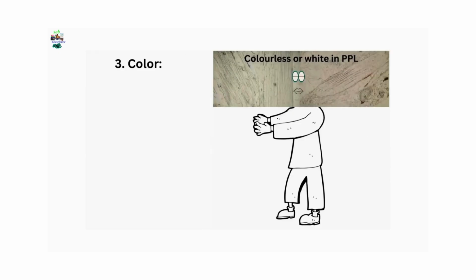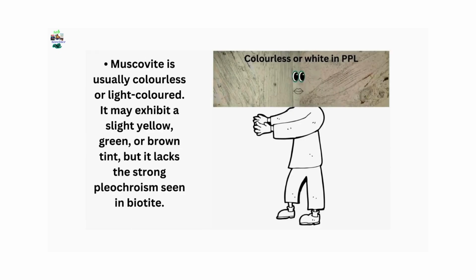Okay, color. Muscovite is usually colorless or light in color, like in its physical property. It may show a slight yellow, green, or brown tint, but not the strong pleochroism seen in biotite. Okay, its color is colorless or light.